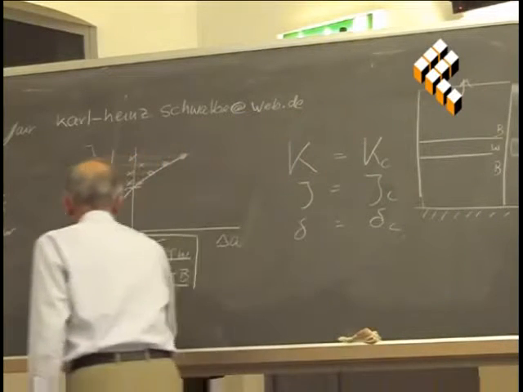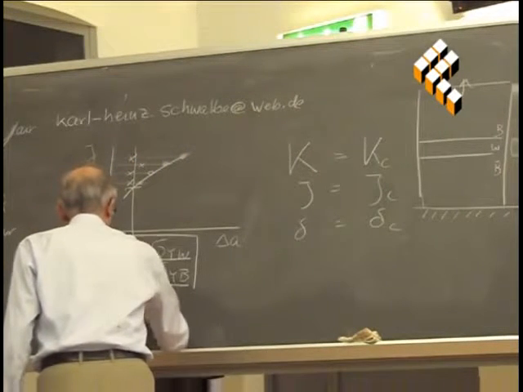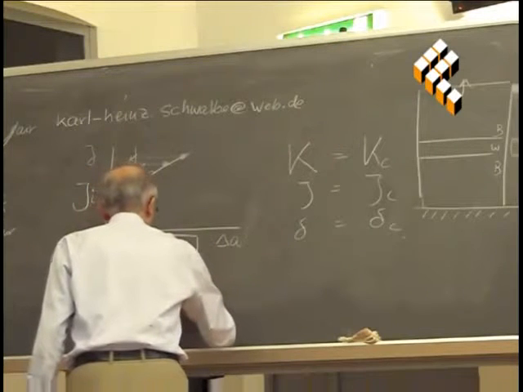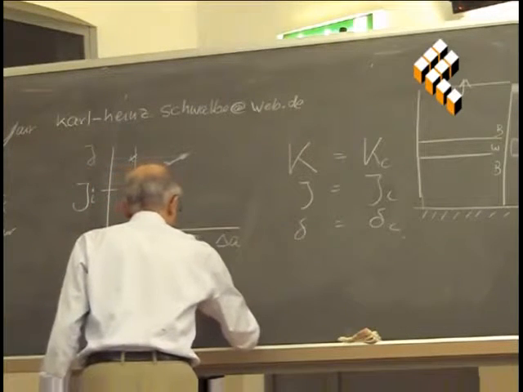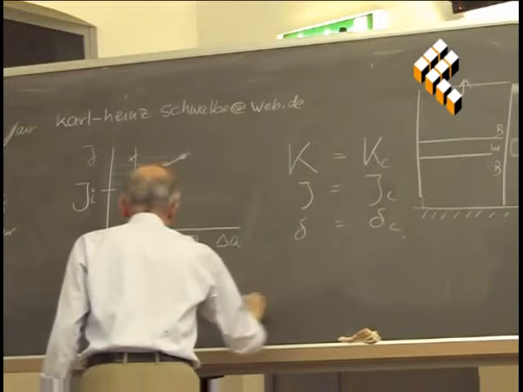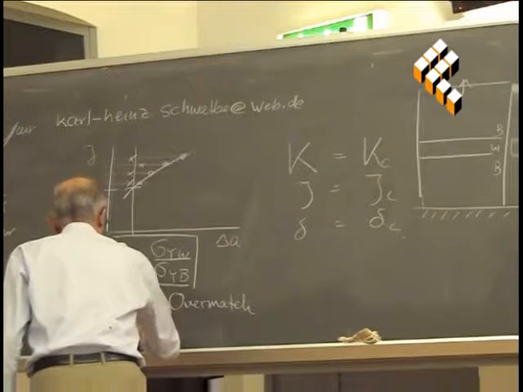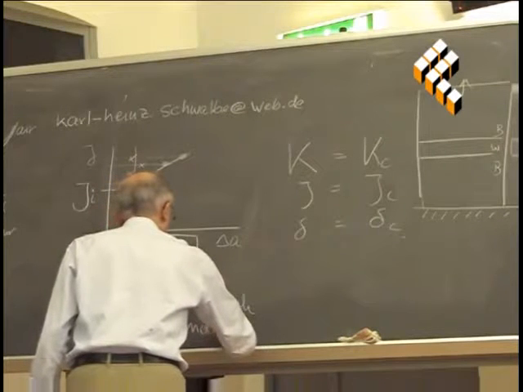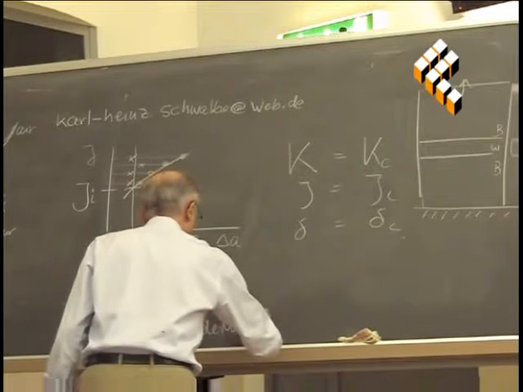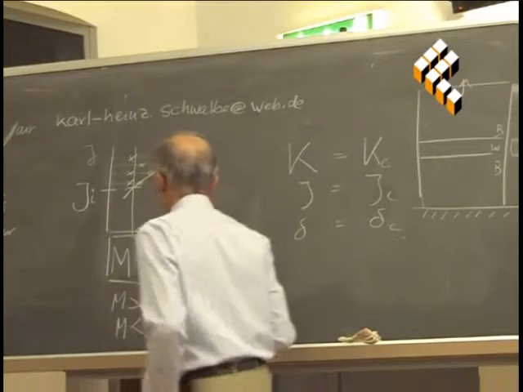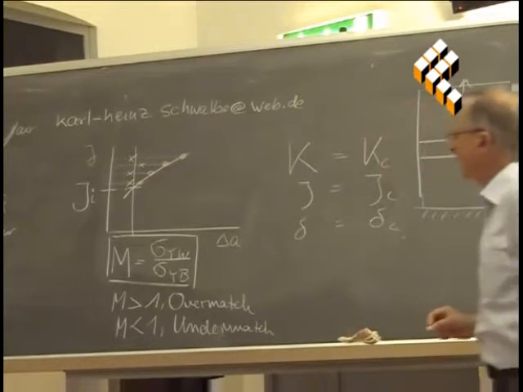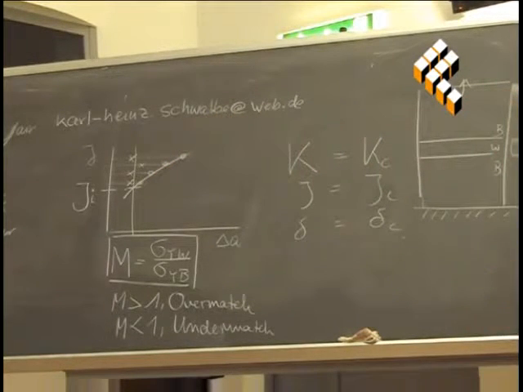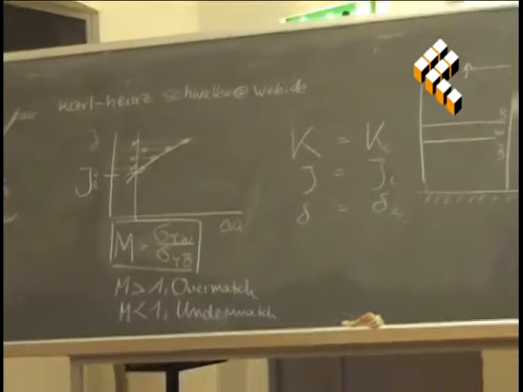And if M is greater than 1, then we have overmatch. If M is smaller than 1, we have undermatch. Or even match when both quantities are the same. And the welders usually try to achieve overmatch.